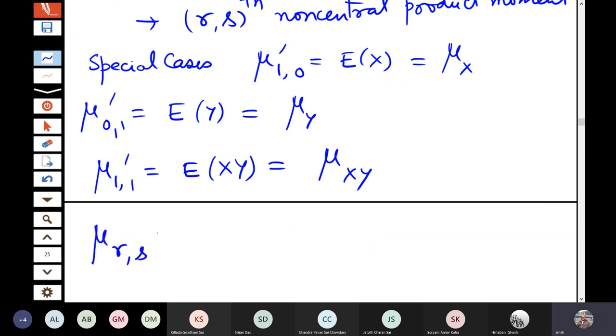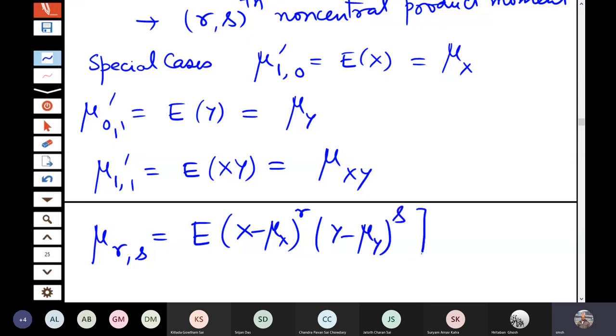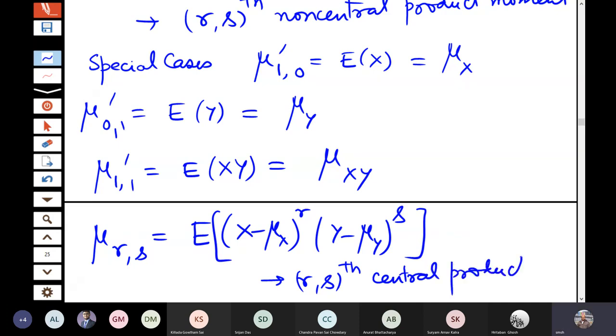Mu rs is the expectation of (x minus mu x) to the power r into (y minus mu y) to the power s. So this is the rs-th central product moment.